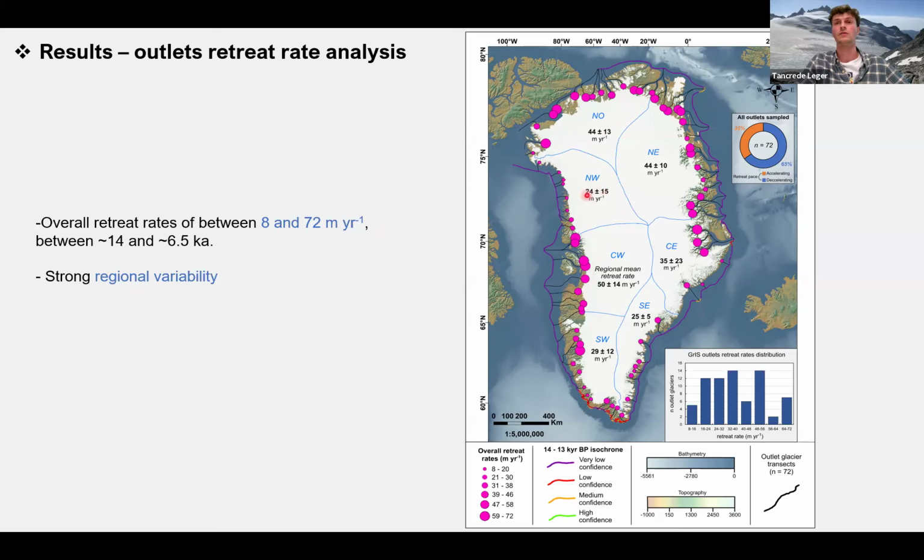We have half of that, 24 meters per year. So we have some strong differences between regions, even though they all follow a similar climatic pattern. So it's quite interesting. I think in the paper, we discussed that some of these are definitely due to climate and especially different ocean forcings, but also we think that the topography of Greenland and hypsometric variables have an important control on this variability between regions.